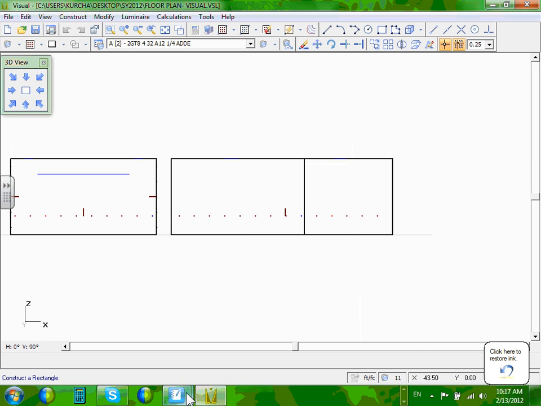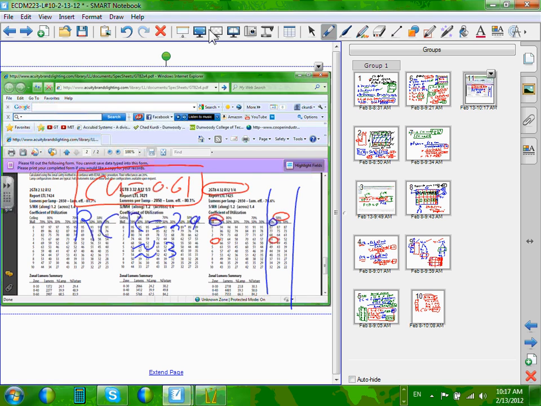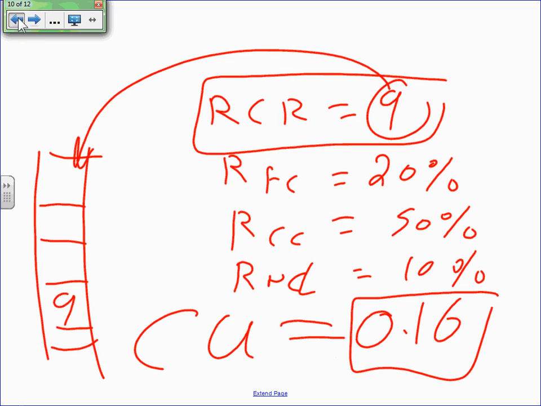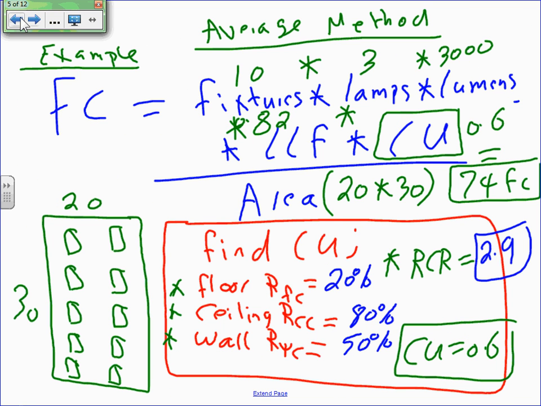All right, so let's go back. Okay, any question, guys, where we came up with 0.6 for the test? Here's what I'm going to tell you. I might give you the fixture. You go to the formula from this schedule, you find the coefficient of utilization.